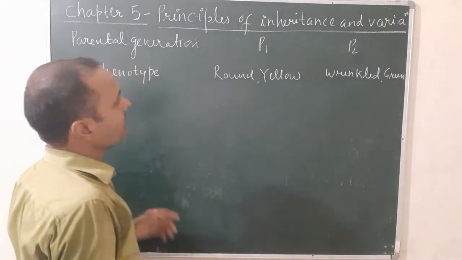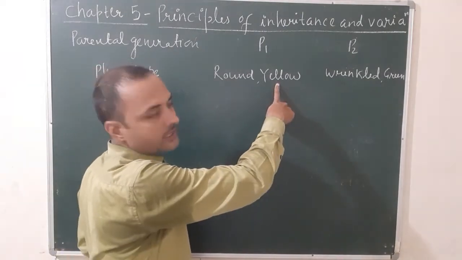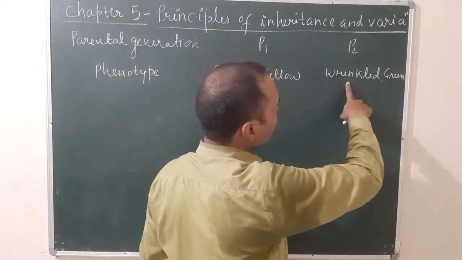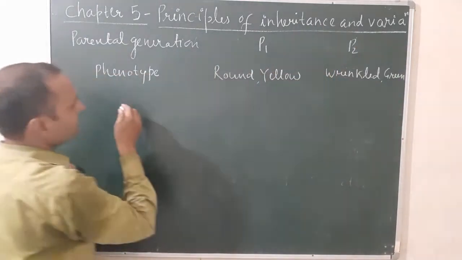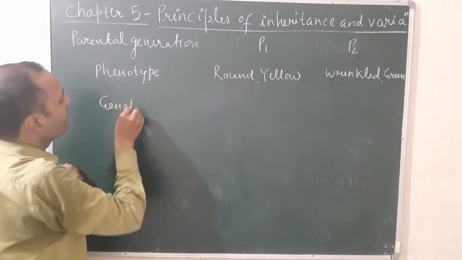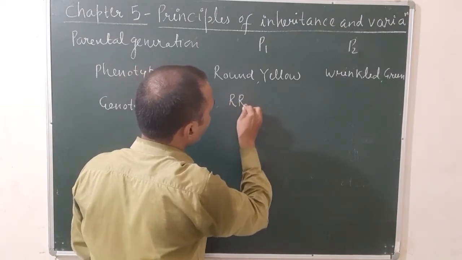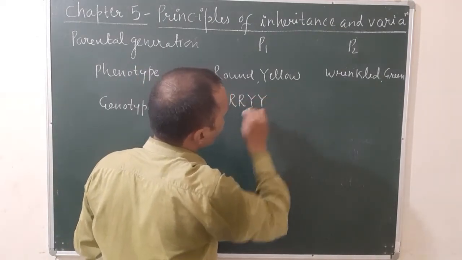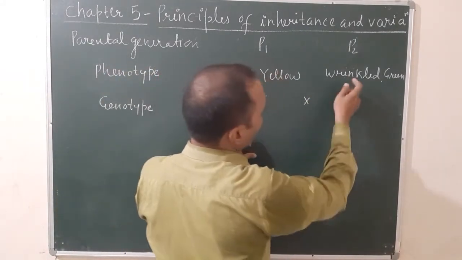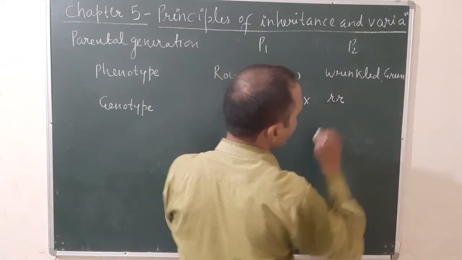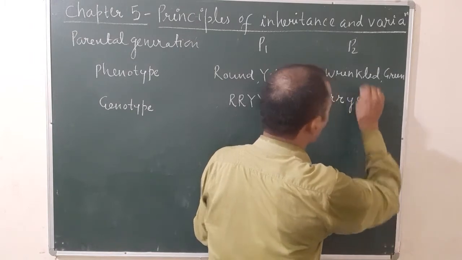I have already explained that for round the genotype is capital R, for yellow capital Y, for wrinkled small r, and for green small y. So let's see the genotype. We will write capital R for round and capital Y for yellow. Make a cross sign. Then for wrinkled, small r, and for green, small y.